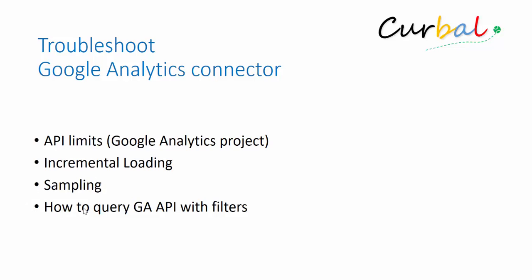And all of that leads us to sampling. What is sampling? Sampling is when you have a lot of data, like a fairly big website, and Google Analytics will not give you all the data.